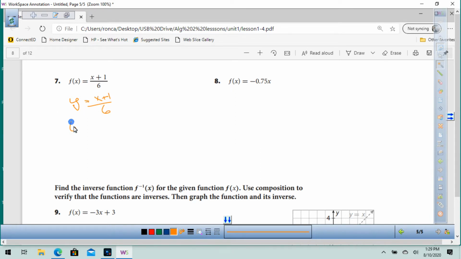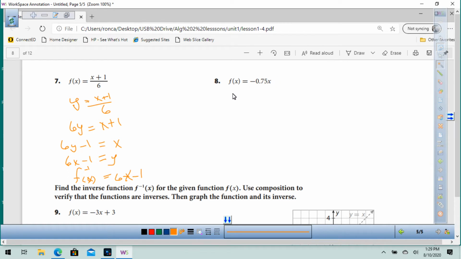Multiply both sides by 6. Subtract 1 from both sides. Swap the x and the y. And then write f inverse of x equals 6x minus 1.